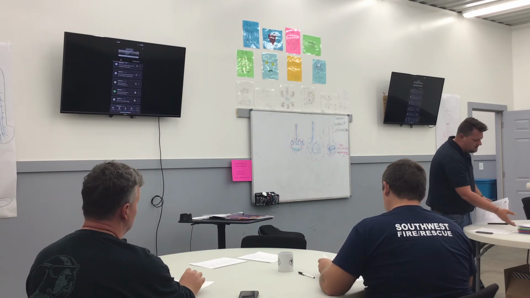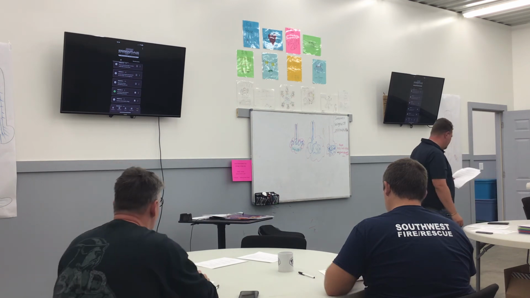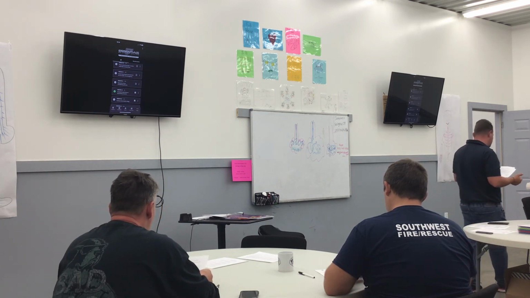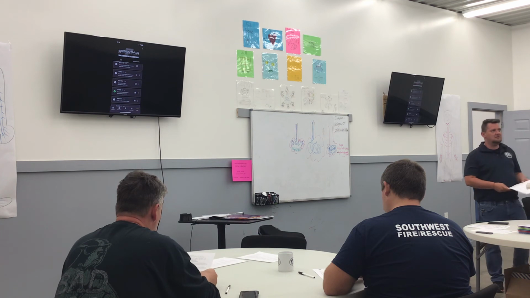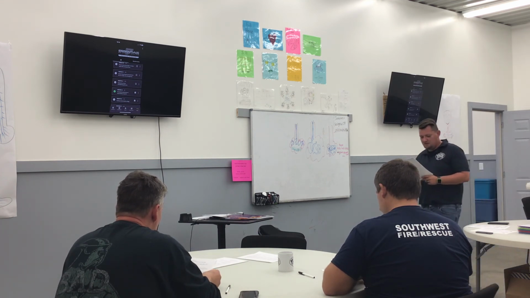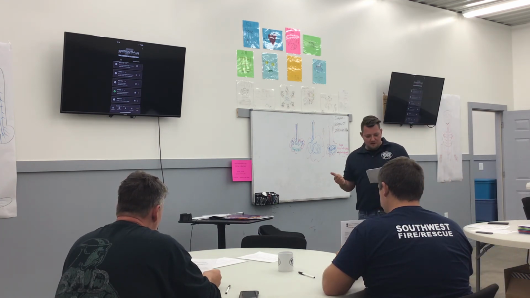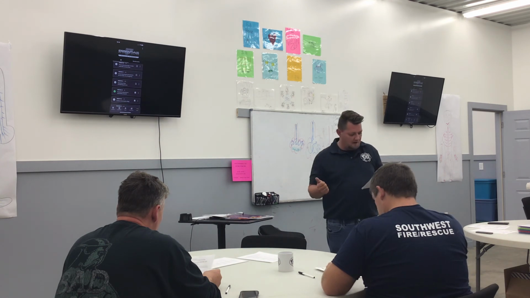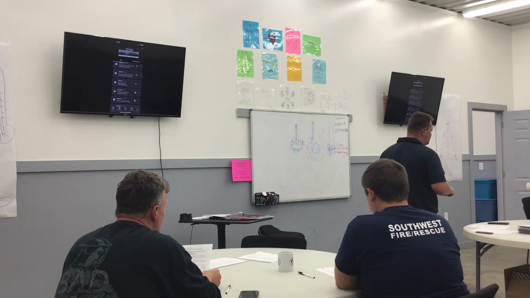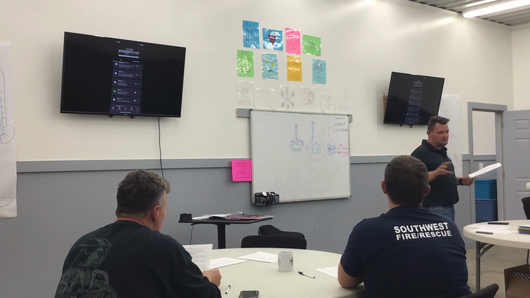Alright, so let's go through the skills real quick. We're going to look at skill sheet 34, the primary and secondary search. You're going to evaluate the structure and establish a search pattern. The way we'll do this is I'll put you into groups, and you'll go in as a team of 3.